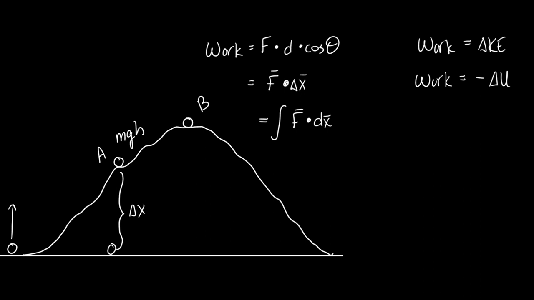All right, so if I say to you, this is our reference level, the ground, then can we all agree it would take more work to lift a rock to B than to lift the rock to A? And therefore, technically, the rock at mgh-A would have more potential energy than the rock at mgh-B.